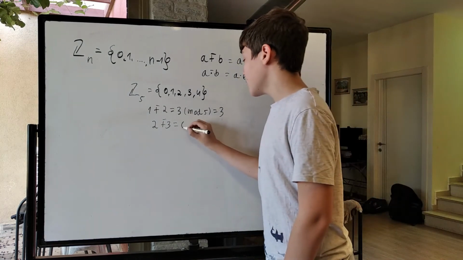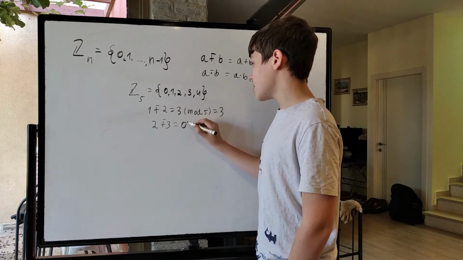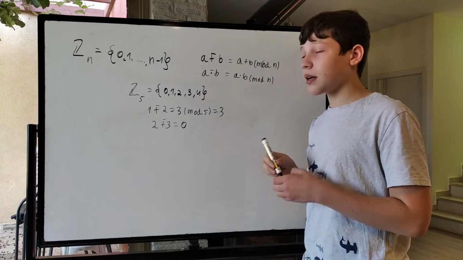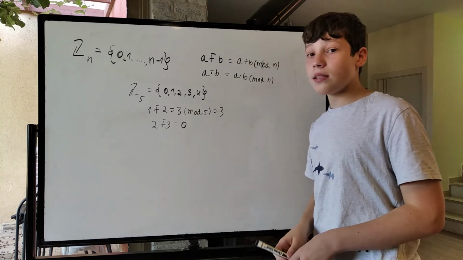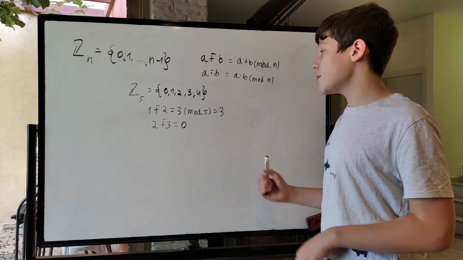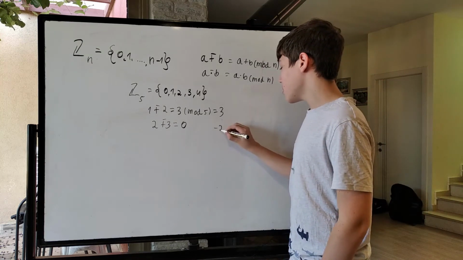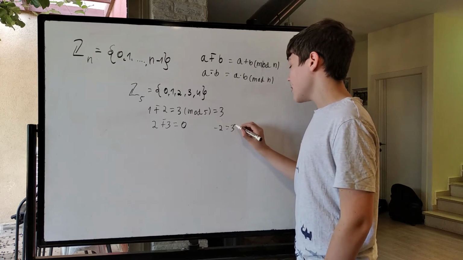Modulo 5, that's 0. That's our 0. But notice, that does not mean it's a contradiction. It means 2 is the additive inverse of 3, and vice versa, because their sum is 0. So, just as an example, negative 2 is 3 in the field.